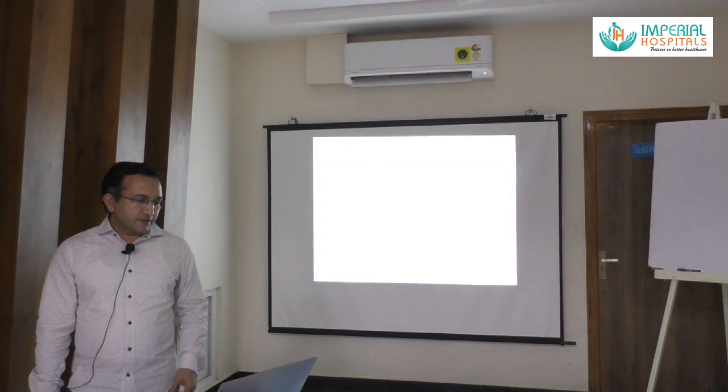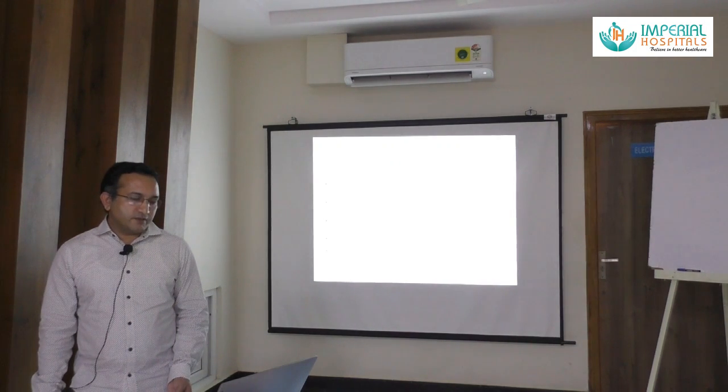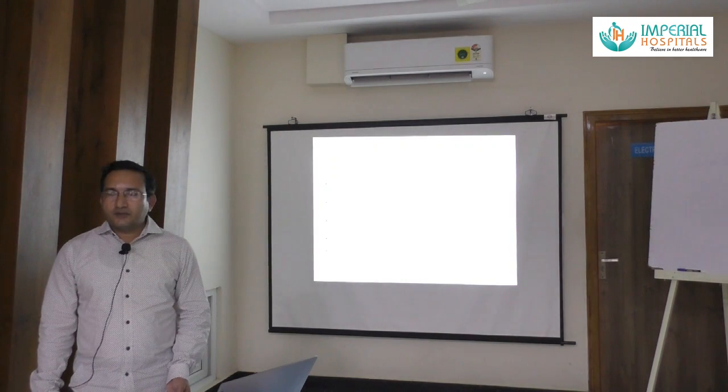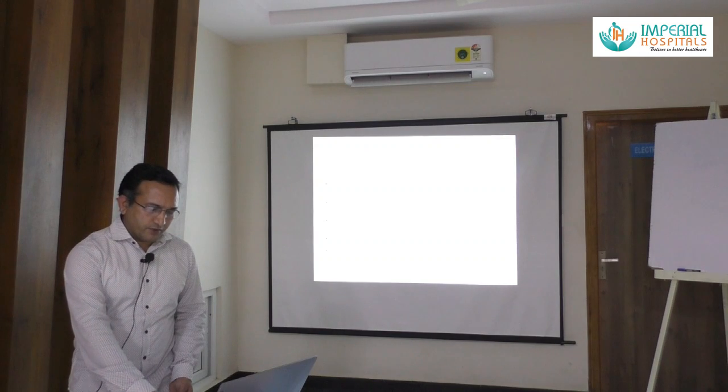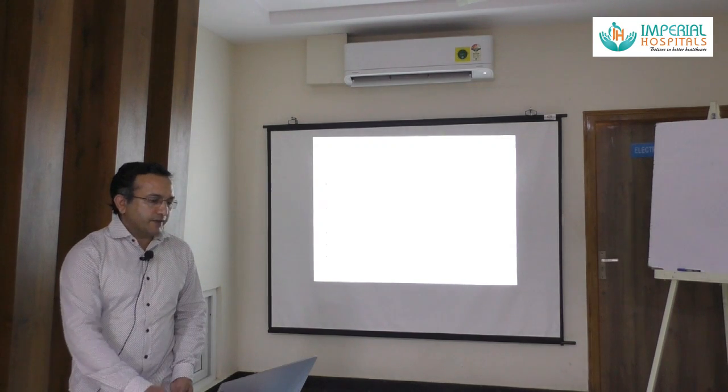And the cosyntropin test is to identify primary adrenal insufficiency, and also the thyroid function test to identify whether the patient has moderate or severe hypothyroidism, which can lead to hyponatremia.